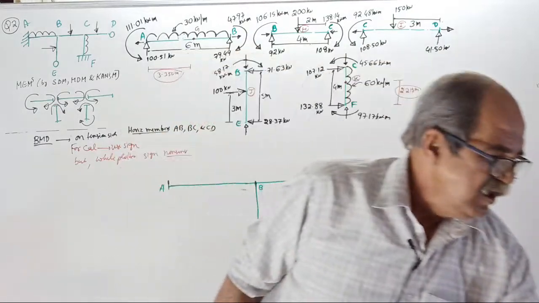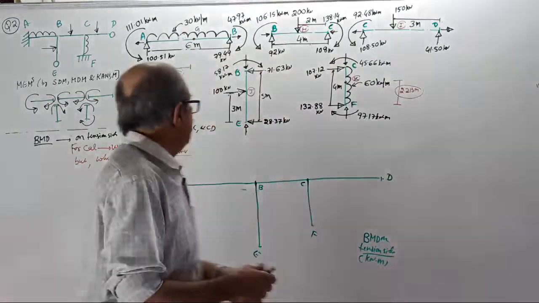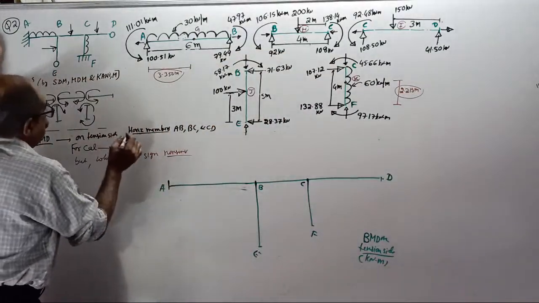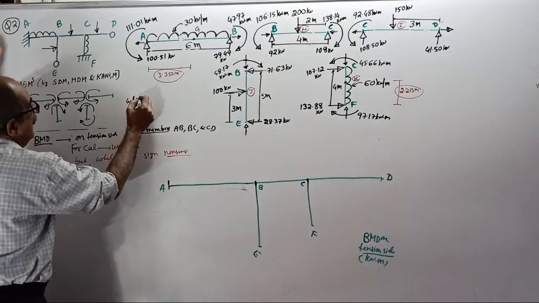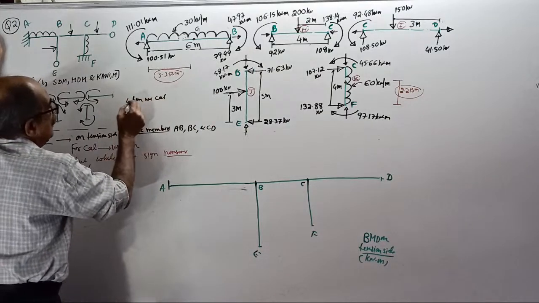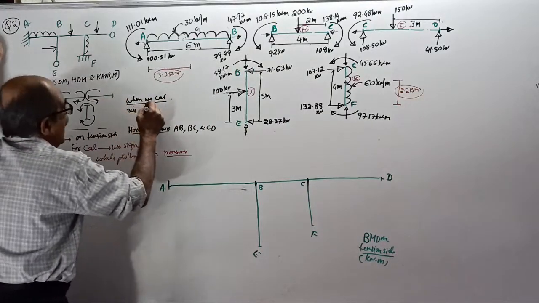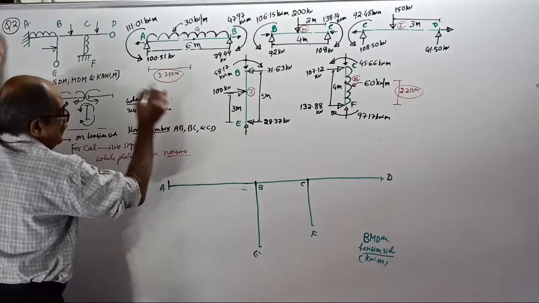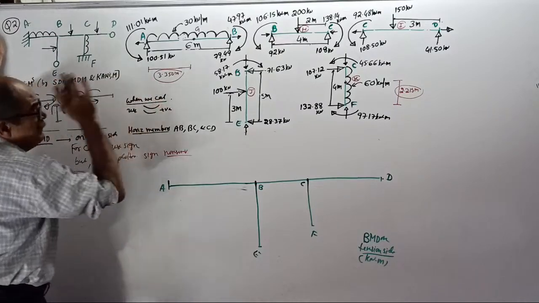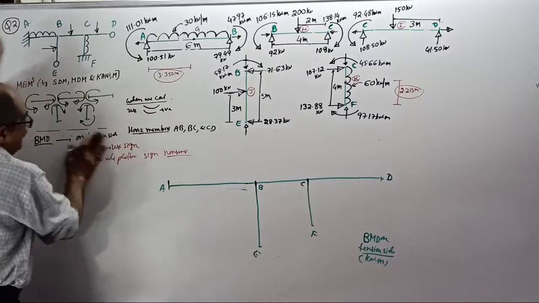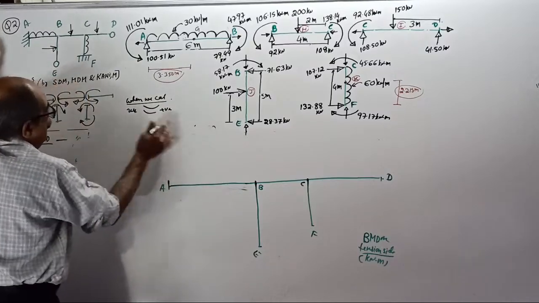Okay. Now, what you do for beam is, see, what you will do? When we calculate, we will use sagging positive. I write here now, sagging positive.